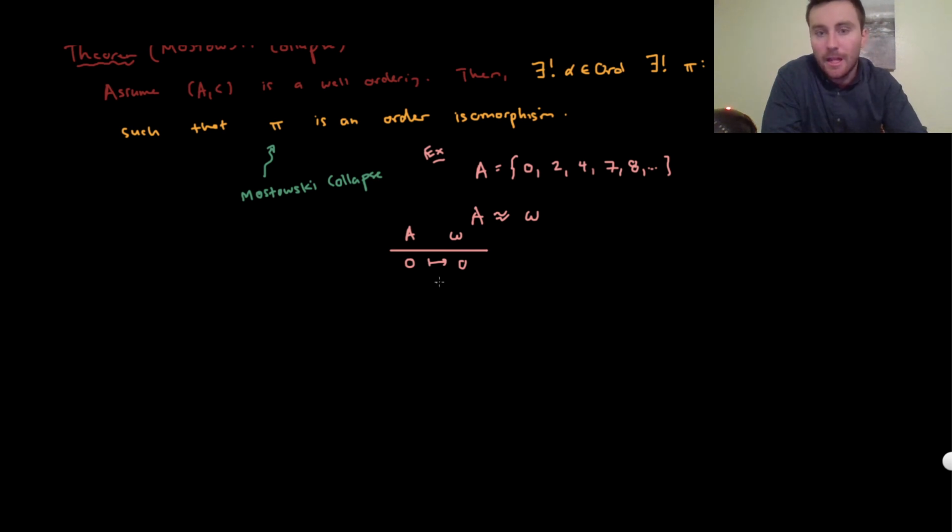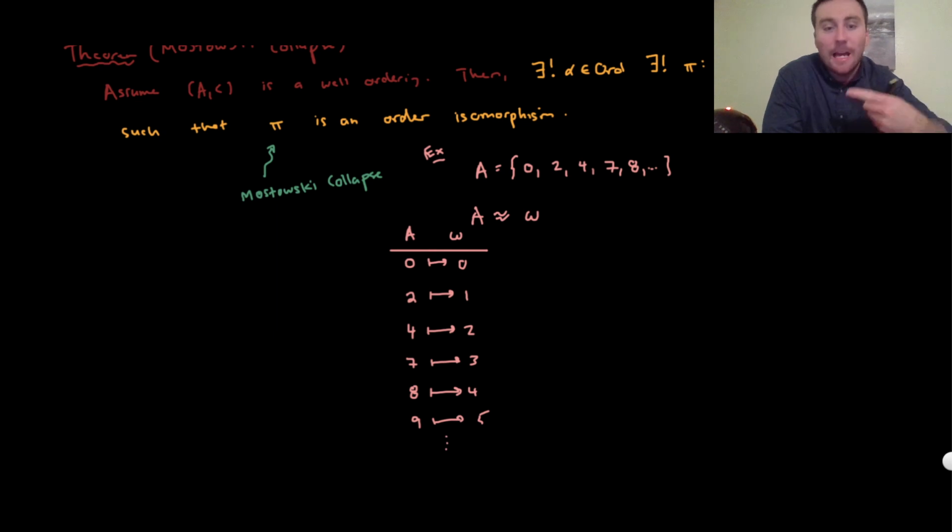The next element of A is 2, which should map to the next element of omega, which is 1. Then 4 is going to map to 2, and then 7 is going to map to 3, the next element of omega. And it just keeps on going like this, maybe what you'd expect. This would go on forever.